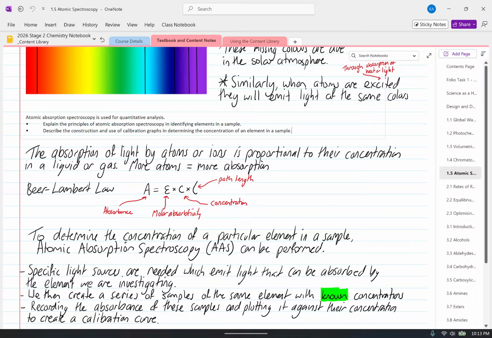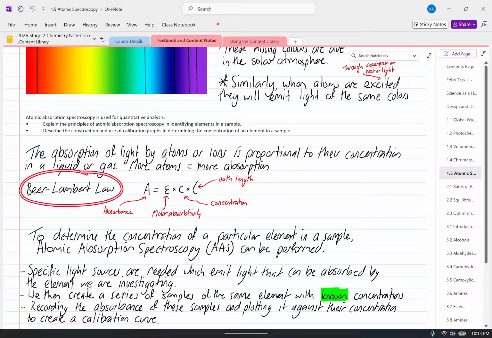If you see a particular color that is associated with this element, that means that element is there. But how bright that light emitted is, or how much light is absorbed, depending on the way you're doing it, will also tell you how much of that element is there.